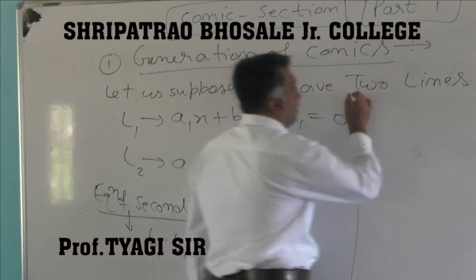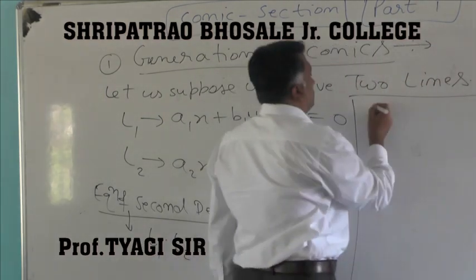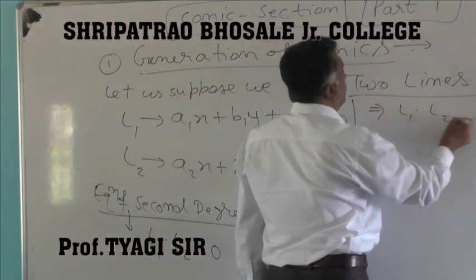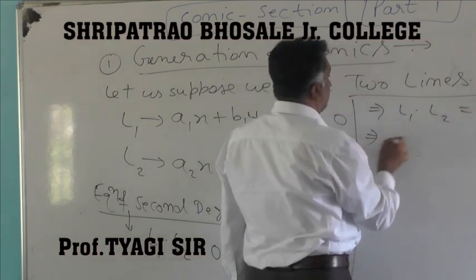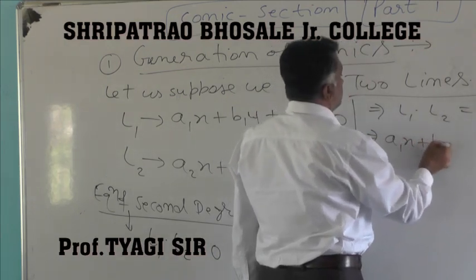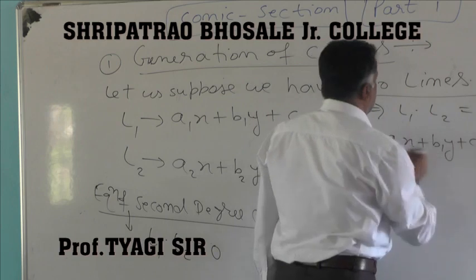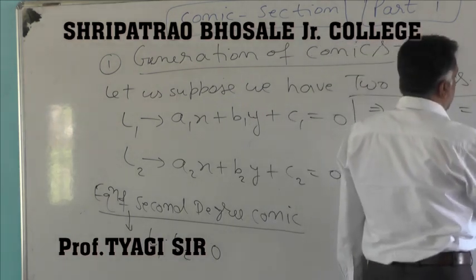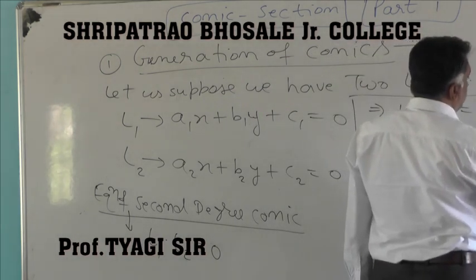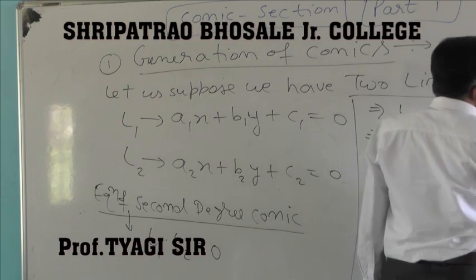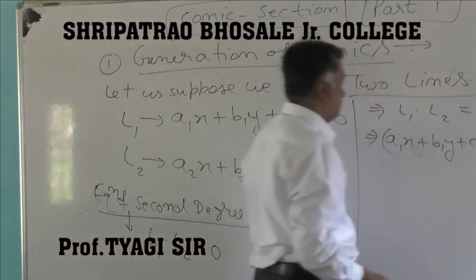Since L1 into L2 equal to 0, (A1x plus B1y plus C1) into (A2x plus B2y plus C2) equal to 0.